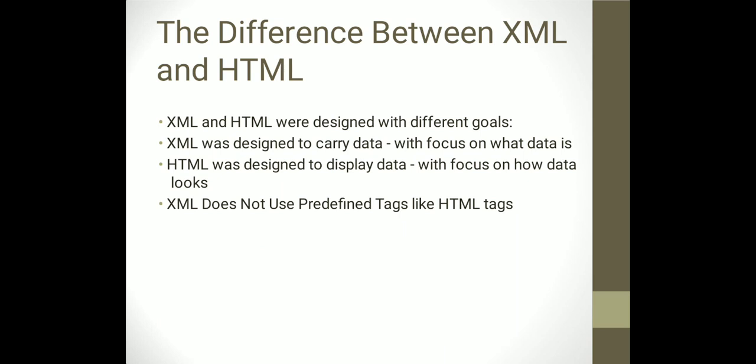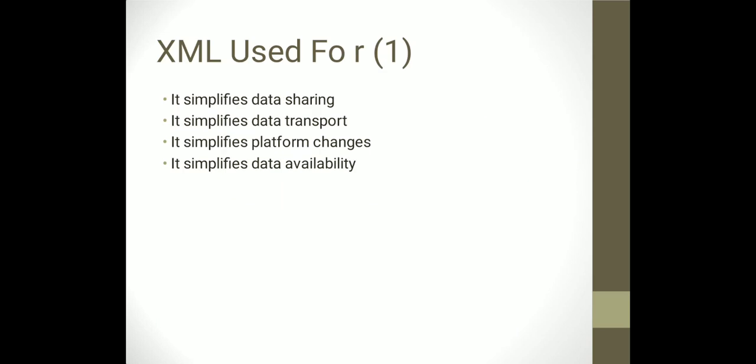So the different points should be kept in mind. Then XML is used for data sharing, data transport, platform changes, data availability, etc.